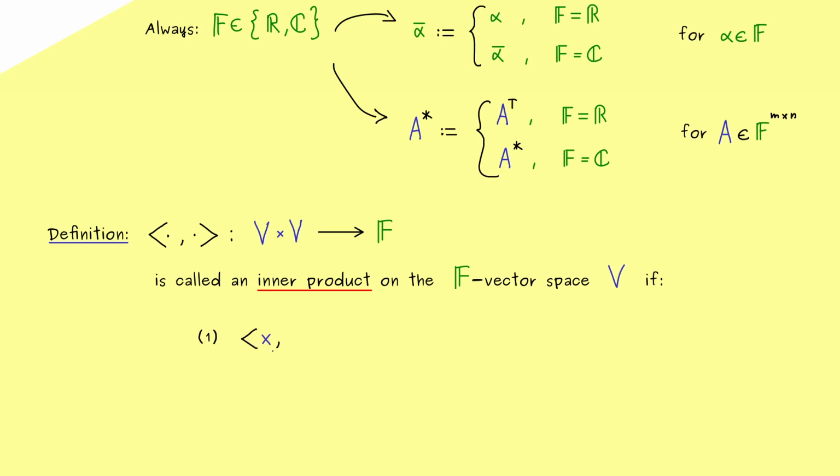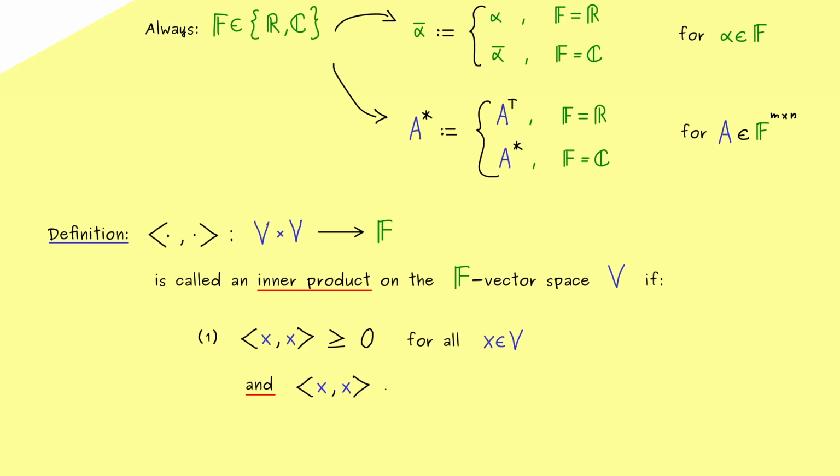The first one is, if you put the same vector in both arguments of the inner product, it should measure a length. Therefore, the outcome has to be a non-negative real number. And indeed, no matter which point x from the vector space we put in. And please note here, even in the complex case, this here has to be a real number. And indeed, because we want to measure lengths, it should be a positive real number.